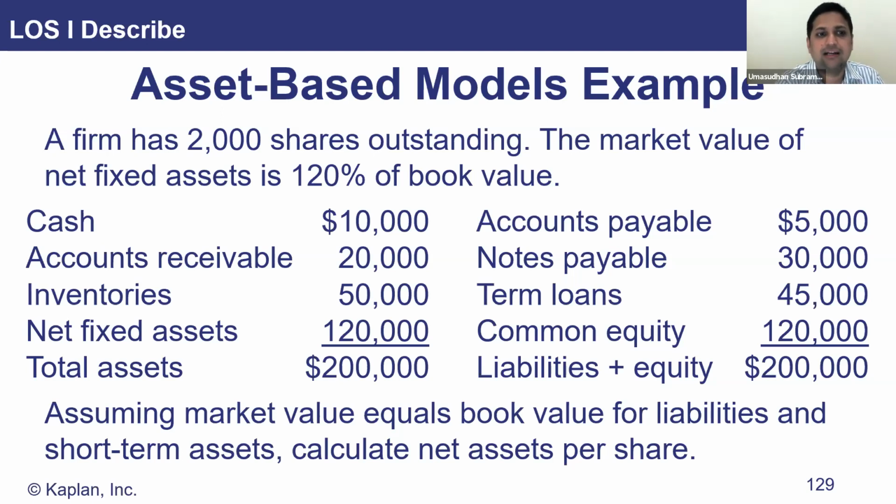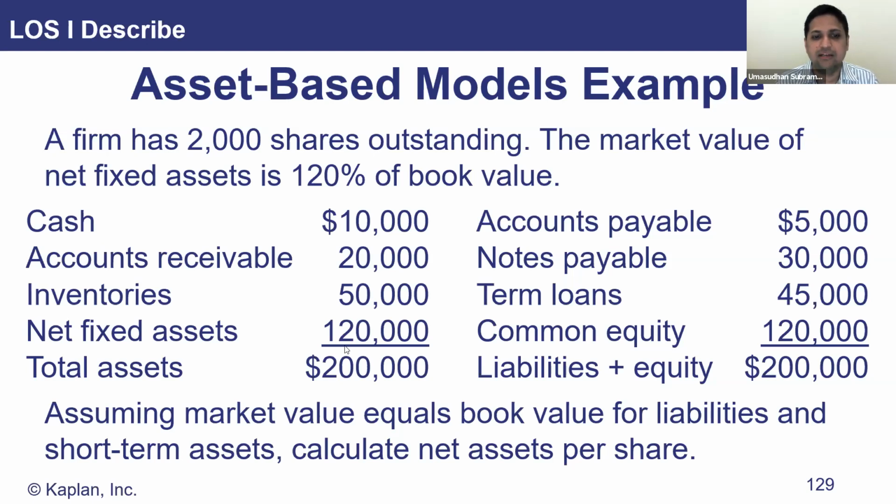Okay, now there's a question here. Is it a 120% increase? No, you have to read it properly. Here they say the market value of net fixed assets is 120% of book value. It doesn't mean that growth is going to be 120%. Growth is just going to be 20%, because it's now going to be 120% of what it was.